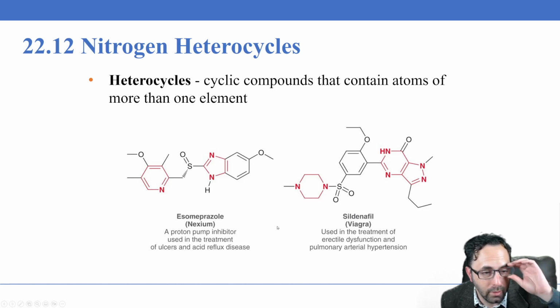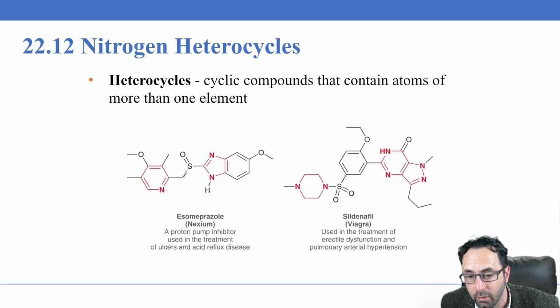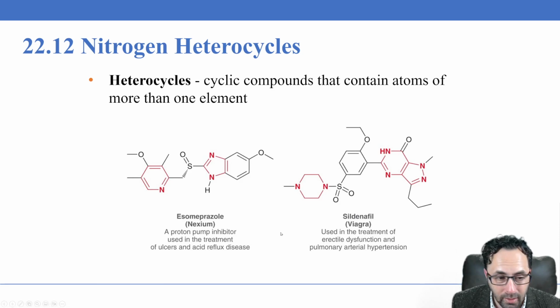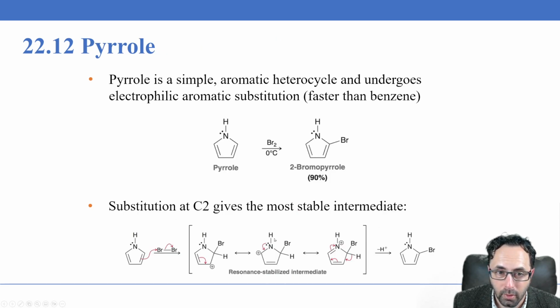Adenine, thymine, guanine, cytosine. You might have heard of these. These have heterocycles like this, right? Nicotine, as you saw before, heterocycles. Extremely common heterocycles with nitrogen and oxygen in organic and biological compounds.